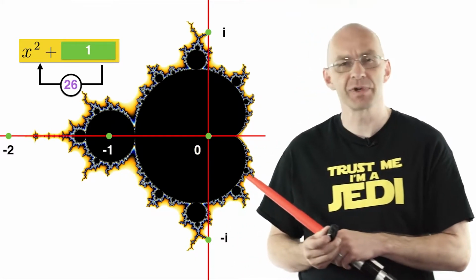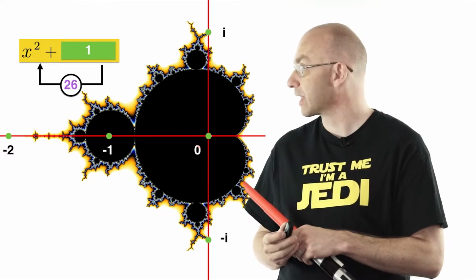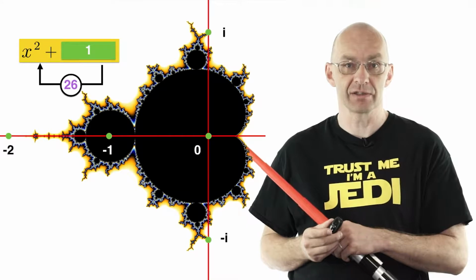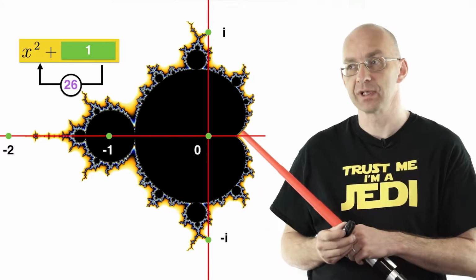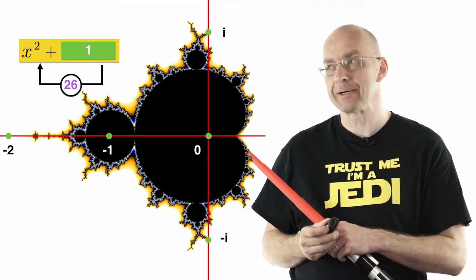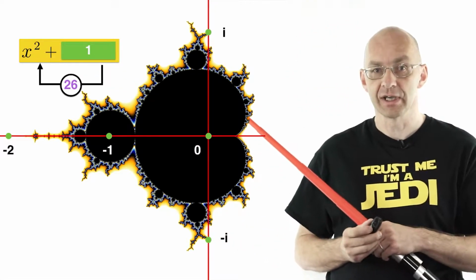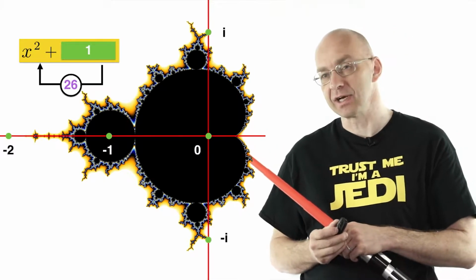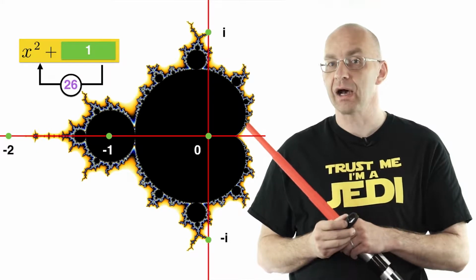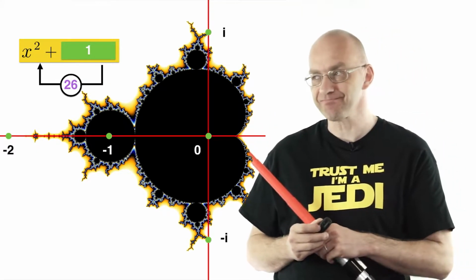And actually, in this case, it's pretty obvious that what's going to happen is that the magnitude of the numbers that we're getting here is going to get bigger and bigger, and it's actually going to approach infinity as we kind of push things further and further. And whenever that happens, we actually figure out that the number that we're talking about, that 1 here in the green rectangle, is outside. So magnitude exploding to infinity means outside the Mandelbrot set. Sorry, Darth, 1's not for you.